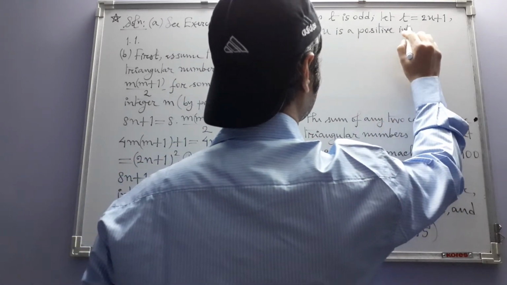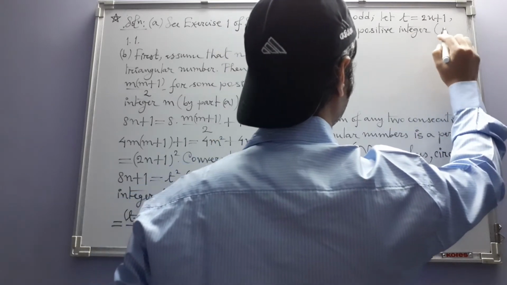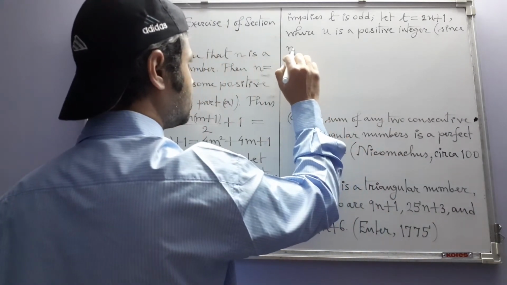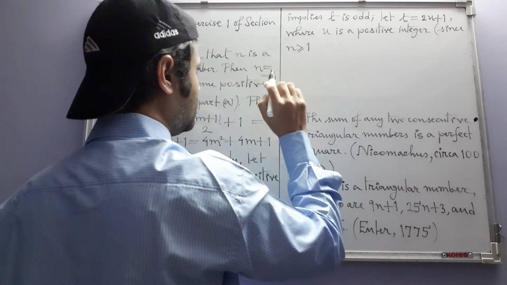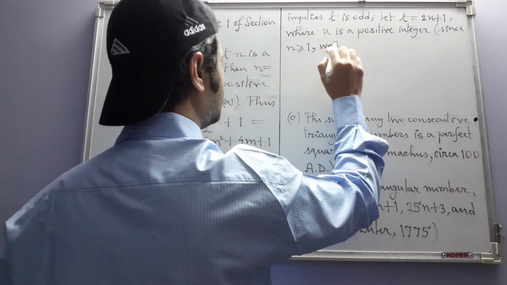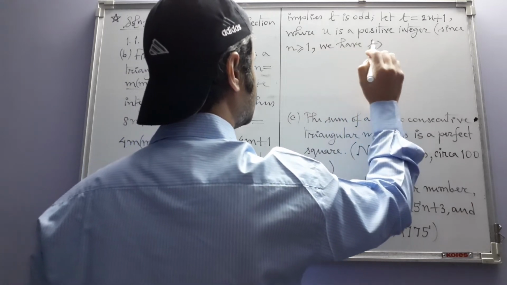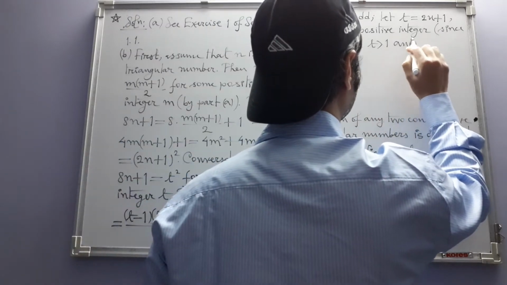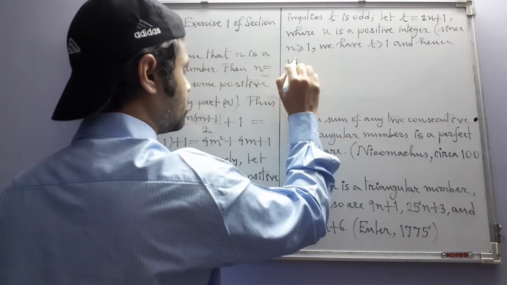In brackets we can write, since n is positive, means n is greater than or equal to 1, we have t greater than 1, and hence u greater than 0.